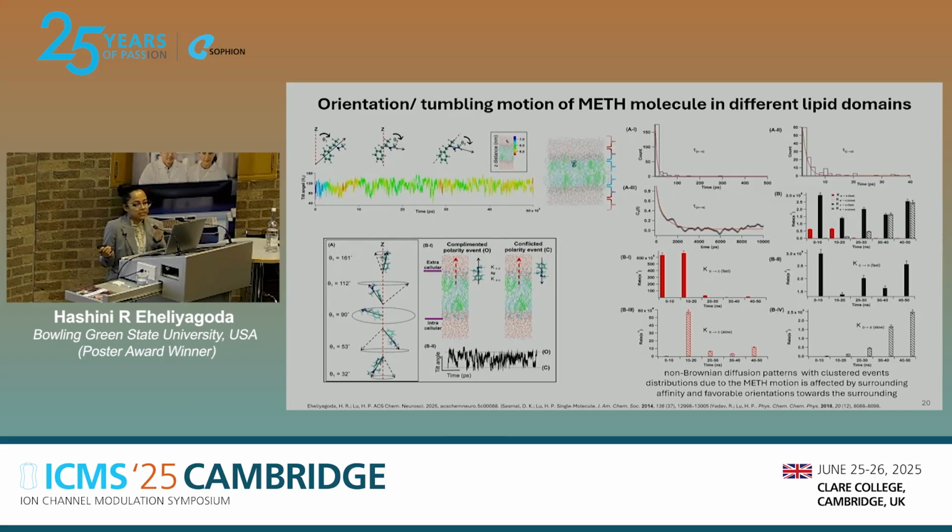But anyway, this molecule aligns with the surrounding lipid polarity. I'm not going to talk about all the numbers here, but we quantitatively got all of these observations. The thing here is that this molecule is never happy anywhere, because it can interrupt the arrangement of the lipid bilayer.